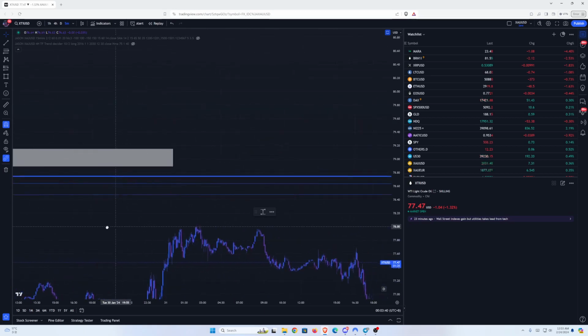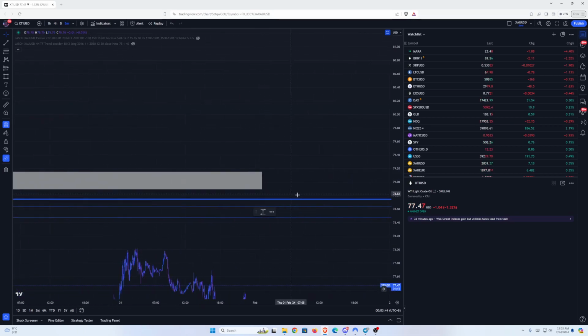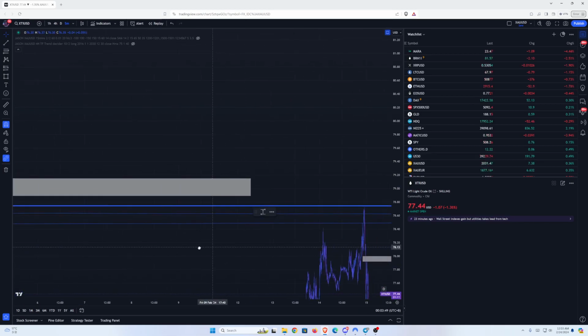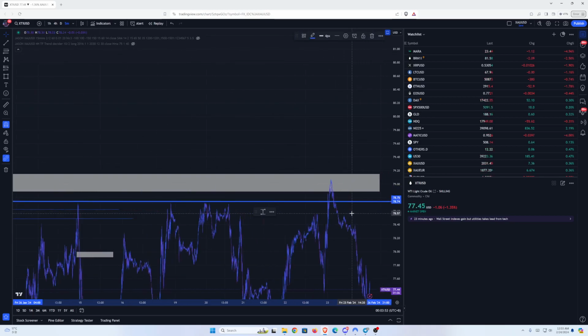On the 5 minute, people will pull it all the way to there just to touch this area.